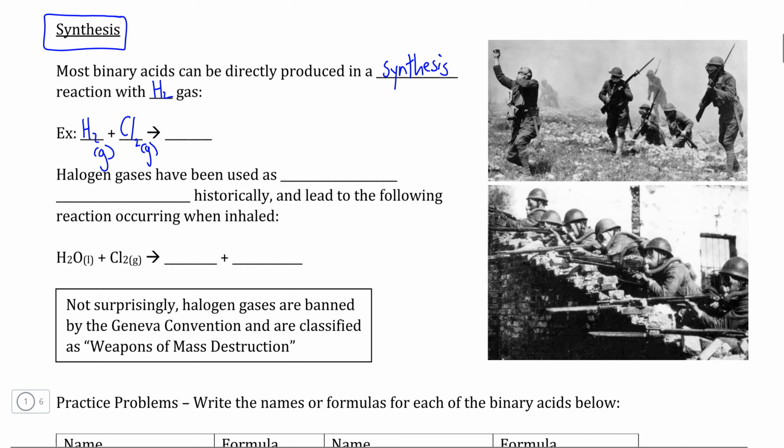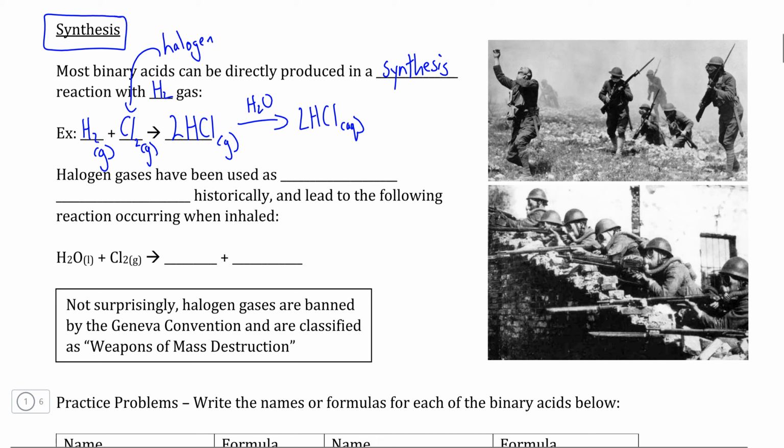This reaction releases a lot of energy because both hydrogen and chlorine are very unstable gases, and then we would get, at least in the initial form, hydrogen chloride, which is the gas form of this molecule. But once again, if we were to dissolve this in water, we would then get, in the aqueous form, hydrochloric acid. Now, as mentioned, this is the most straightforward way to produce all binary acids, and you could pretty much substitute any halogen in here, and the reaction would work identically.